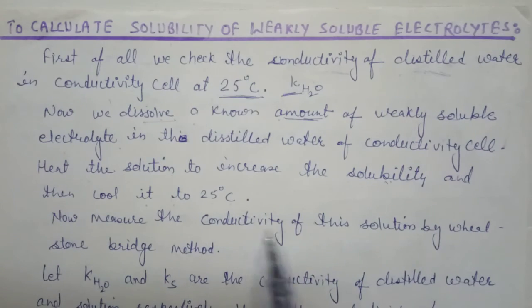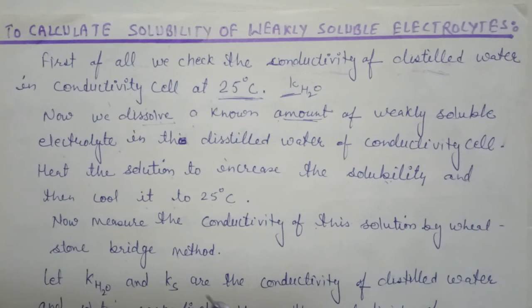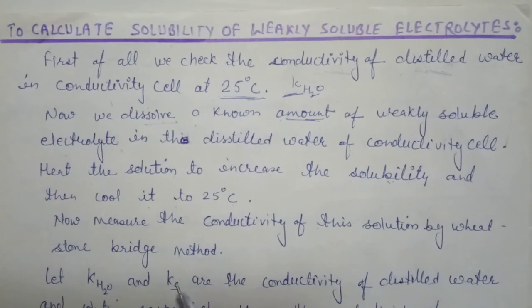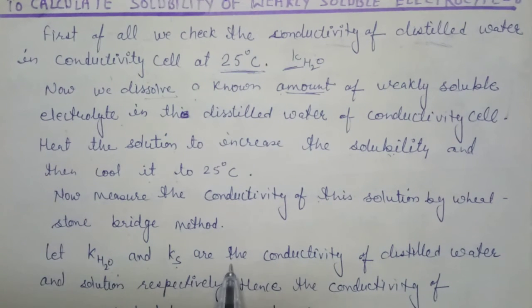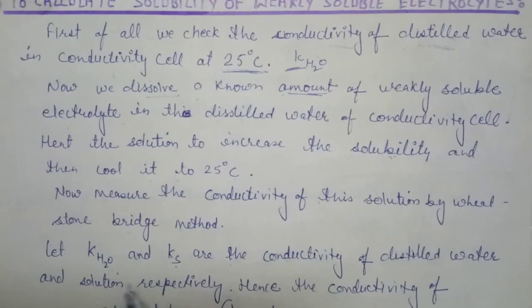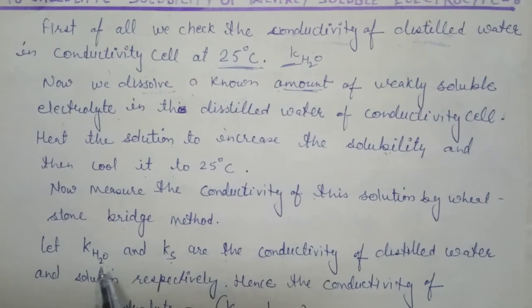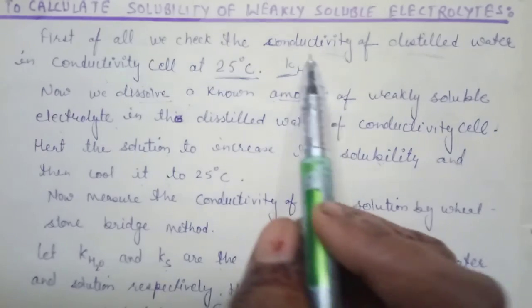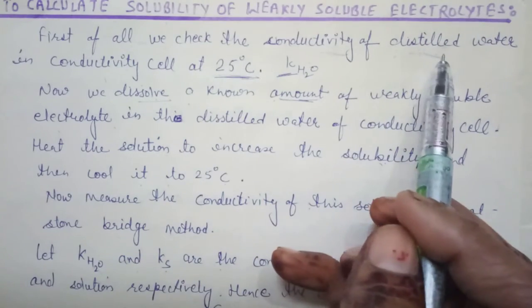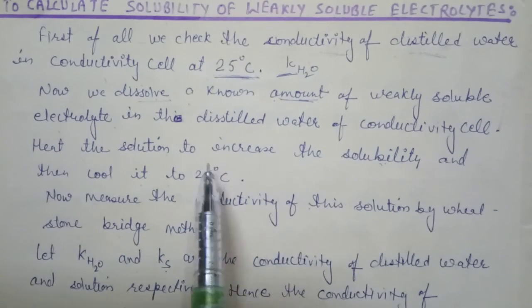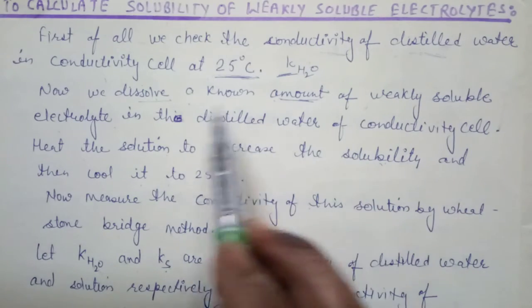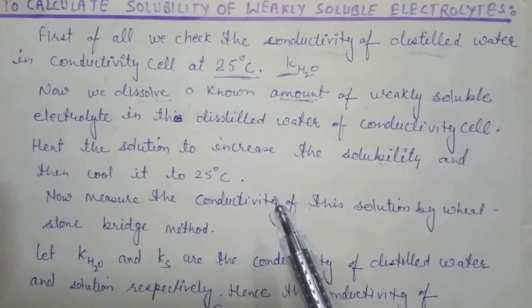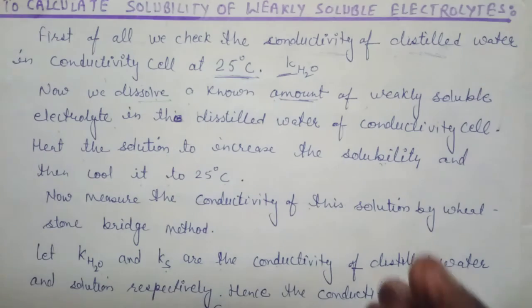Now measure the conductivity of this solution by the Wheatstone bridge method. I will explain what the Wheatstone bridge method is. Let kappa H2O and kappa S be the conductivity of the distilled water and the solution respectively. Kappa H2O is the conductivity of the pure distilled water and kappa S is the conductivity of the solution in which the known amount of the weak electrolyte is dissolved.